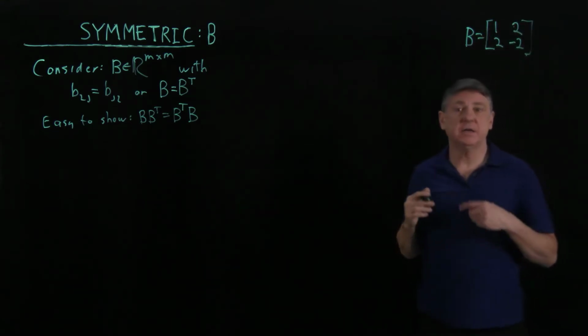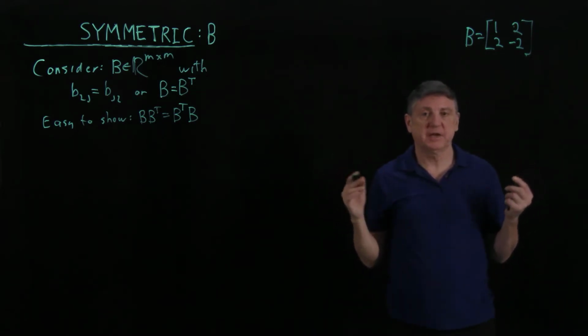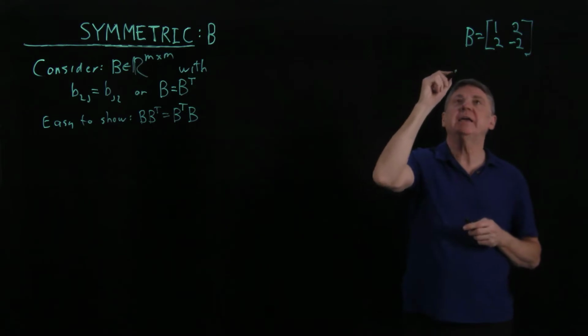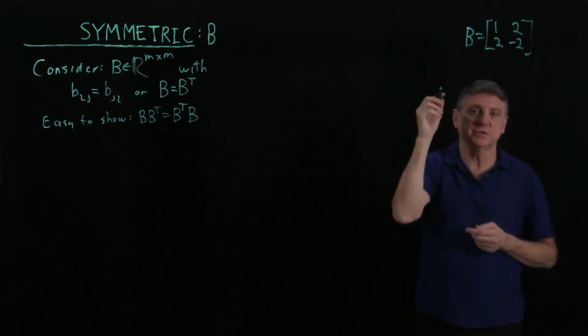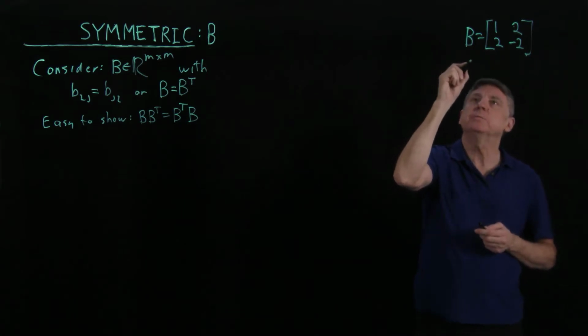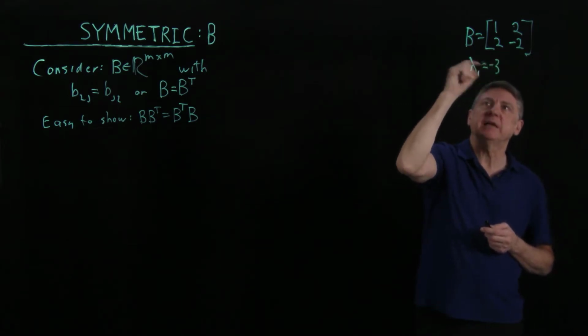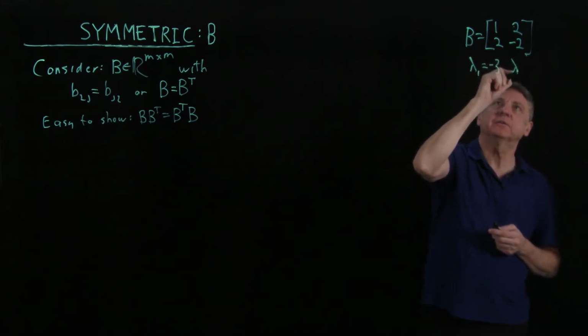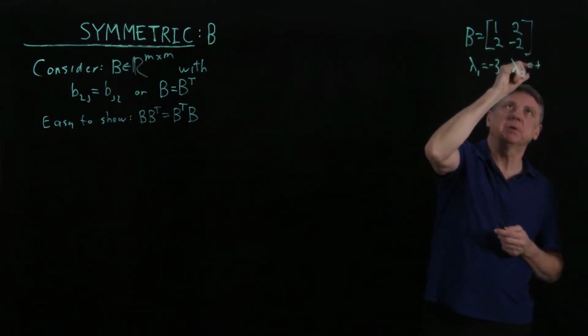Well, when I compute the eigenvalues of this using, for example, the characteristic equation, what I get is it has two eigenvalues, of course, and they're distinct, which doesn't always happen. This would be eigenvalue 1, I compute to be -3, and eigenvalue 2, I compute to be +2.